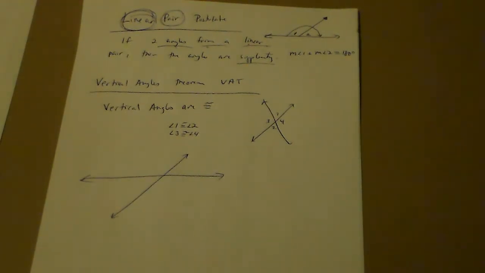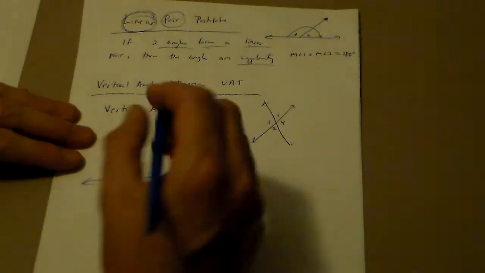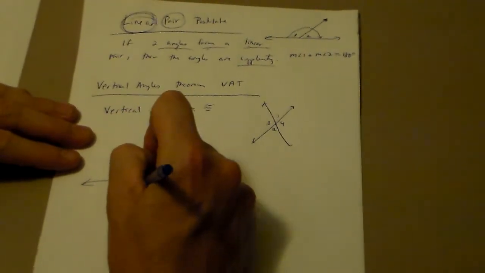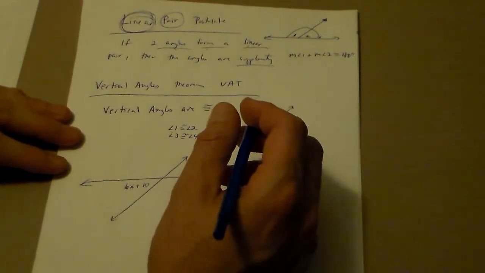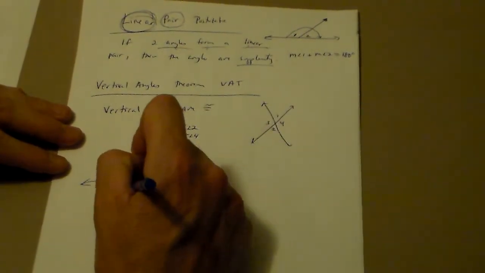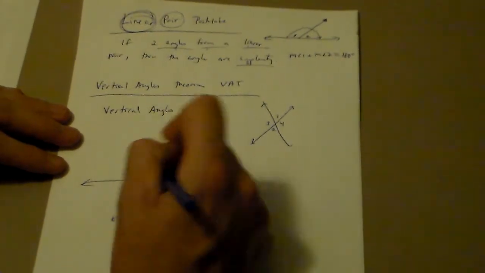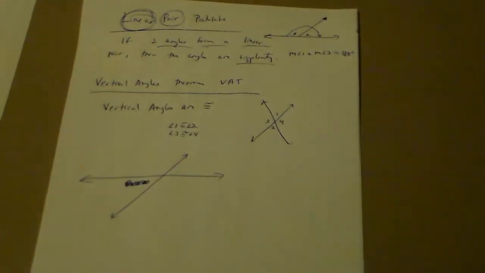Let's say this was 6x plus 10. I don't want to pick something that's not necessarily going to work, just because that's not the way we should do things.